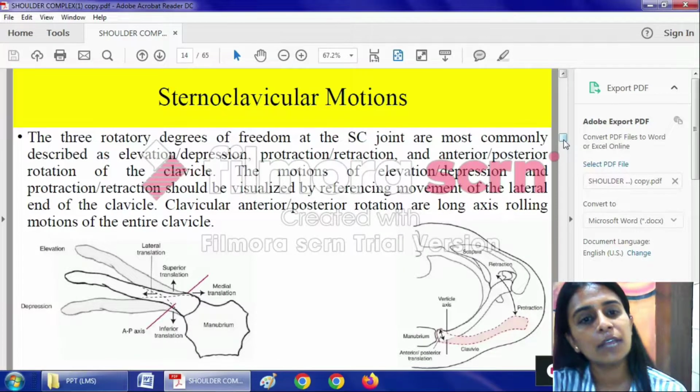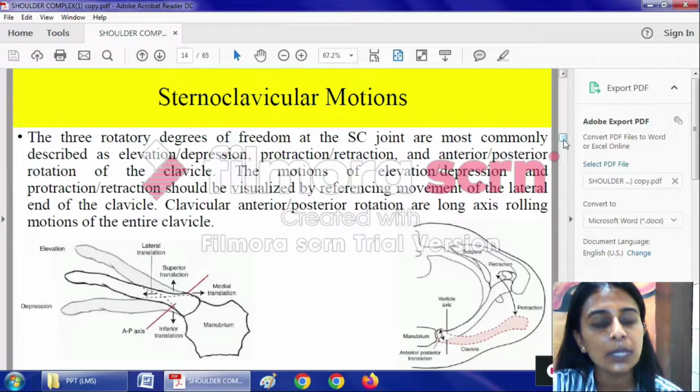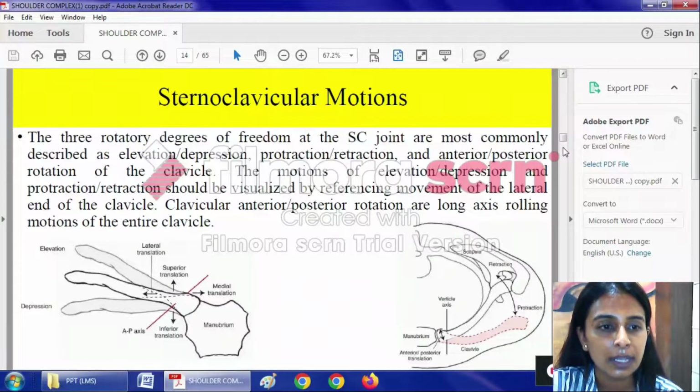Sternoclavicular motion. The 3 rotatory degrees of freedom at the SC joint are most commonly described as elevation, depression, protraction, retraction, and anterior posterior rotation of the clavicle. The motions of elevation, depression, protraction and retraction should be visualized by referencing movement of the lateral end of the clavicle.